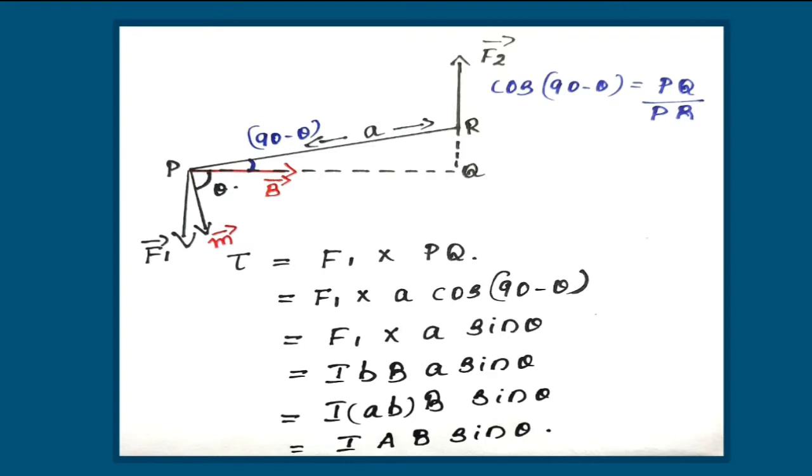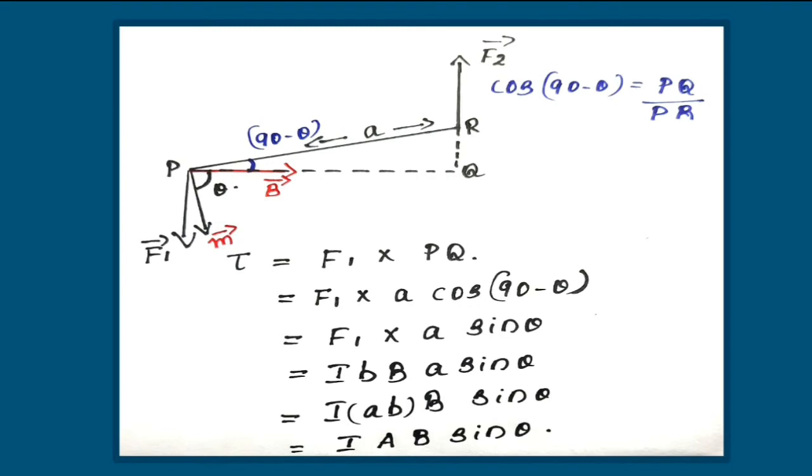As usual, the torque is given by one of the forces times the perpendicular distance between the lines of action of the two forces. Here the perpendicular distance between the lines of action is PQ. And what is PQ? That's what we need to find first. In the diagram, F1 and F2 are the two forces, and the separation between the two lines of action is PQ.